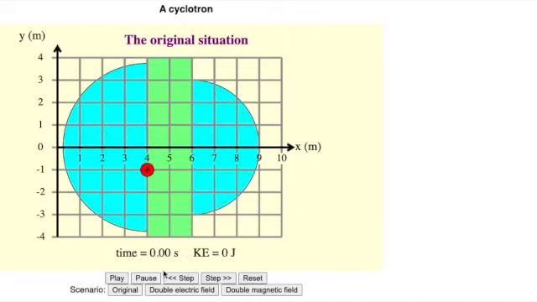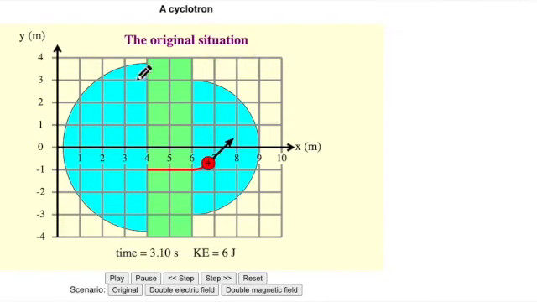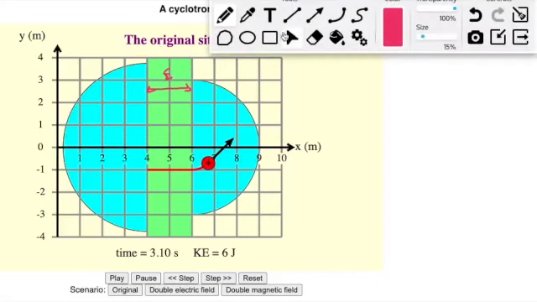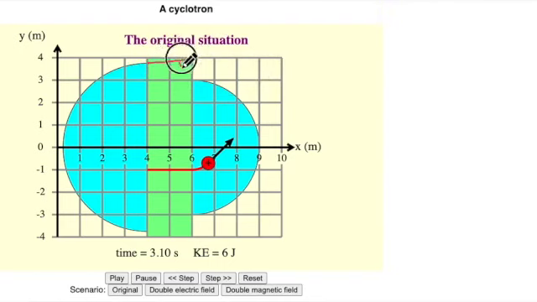Let me play it again. Please understand, let me point out: this is the electric field region where the particle will accelerate, and this is the magnetic field region where the particle will move in a circular path.